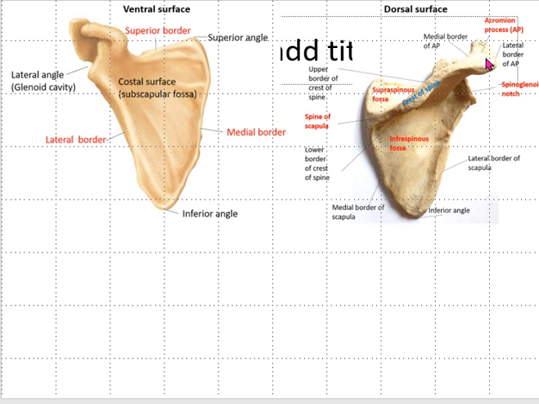The lateral border of the spine forms the boundary of the spinoglenoid notch. This is the acromion process. It is a forward projection from the lateral end of the spine. It has a medial border and lateral border, and a superior surface and inferior surface.